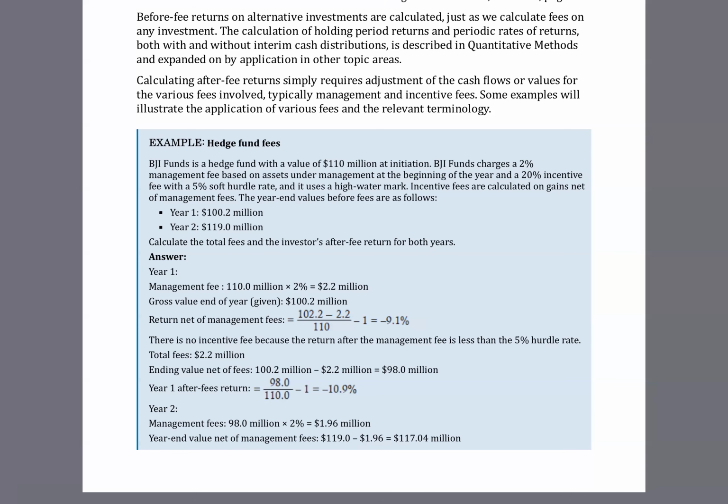I'm saying that from what I projected on the screen, should it be 102.2 minus 2.2 over 110, or should it be 102.2 minus that? You see, 102.2 minus 2.2 over 110. Okay, over 110, yes, please. So where do you think the 102 is coming from?